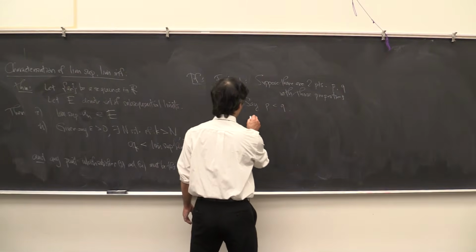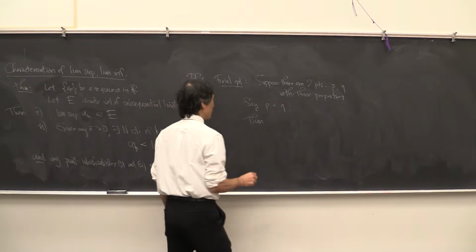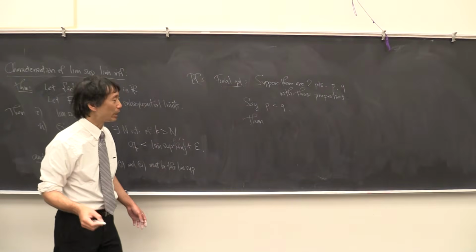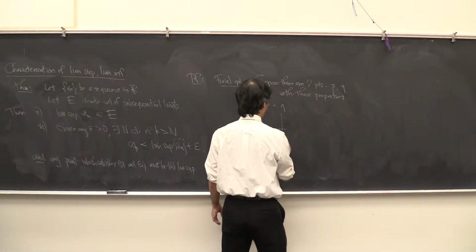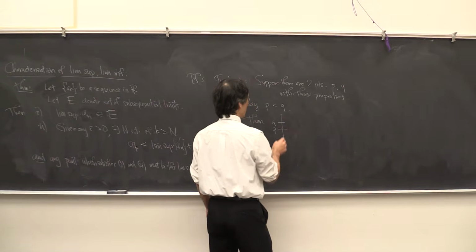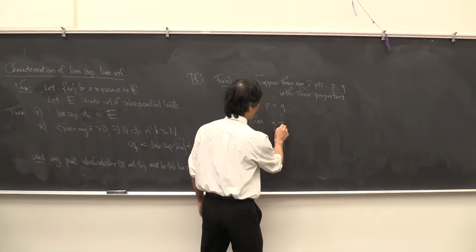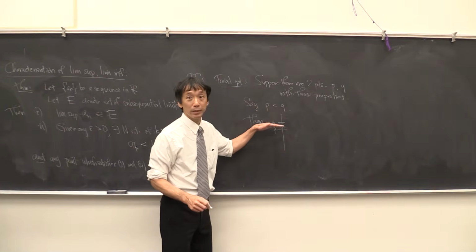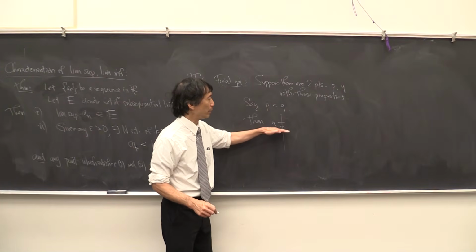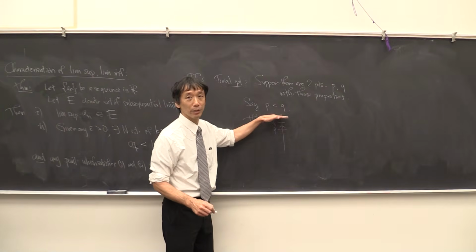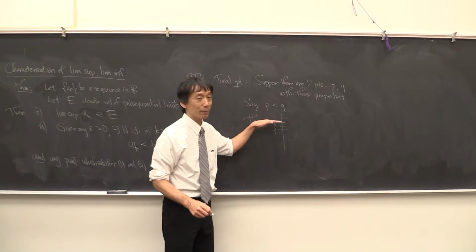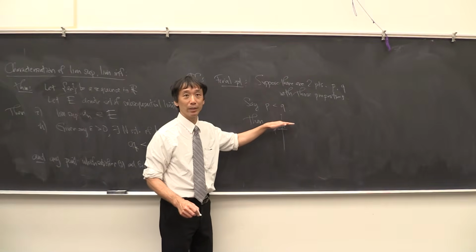Okay, but then that actually is impossible, right? Because if P has the property and Q has the same property, I could take an epsilon that's smaller, such that P plus epsilon is smaller than Q, and then Q would not be a subsequential limit.